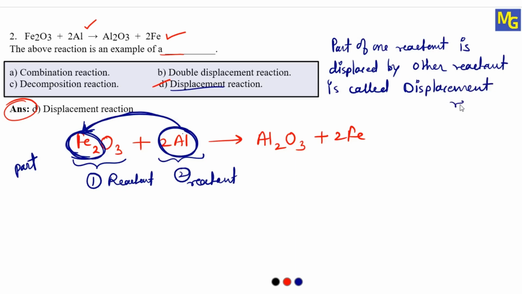When part of one reactant is replaced by the other reactant, it is called a displacement reaction. So if you see the reaction, part of this first reactant is getting displaced by the second reactant. That's why it is an example of displacement reaction. So option D, displacement reaction. I hope you understand the explanation. Now I'll move on to the next question.